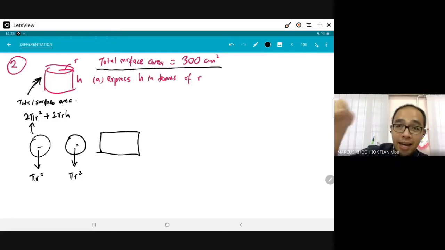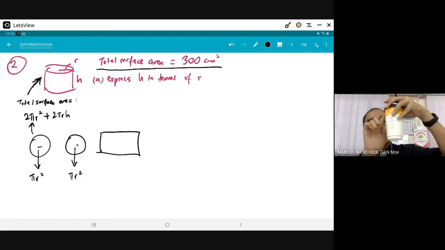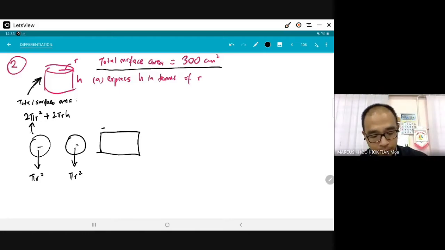On top of that, this whole part has a circumference at the bottom, and this is the height h. So the circumference is 2 pi r.